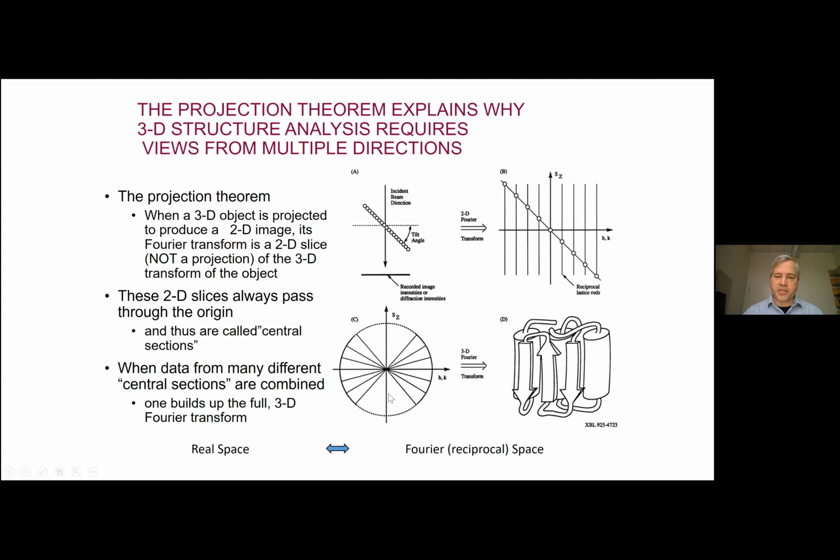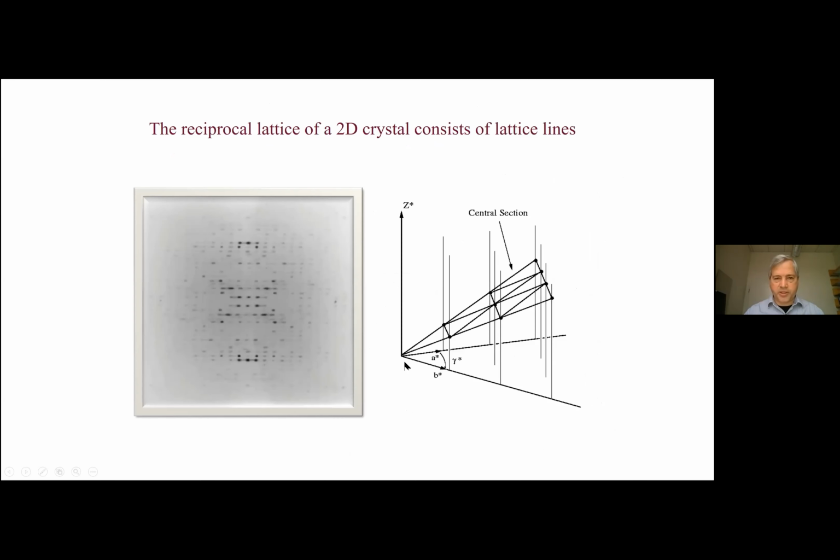So there's always a missing cone of information in 3D Fourier space because you can't tilt that high. And of course, the crystals are all oriented the same way, so there's no way you could fill in that missing cone by taking more pictures, because they're all in the same orientation.